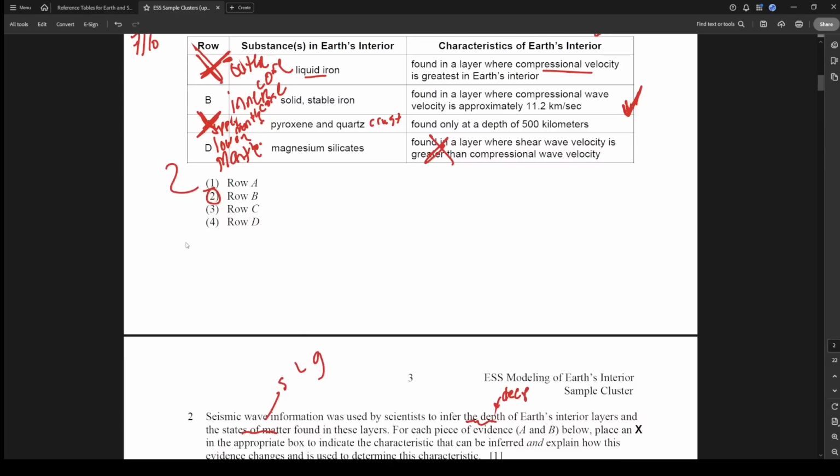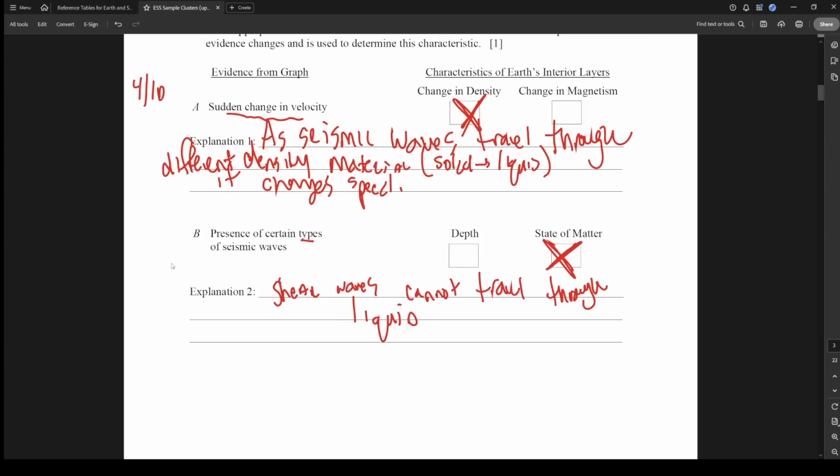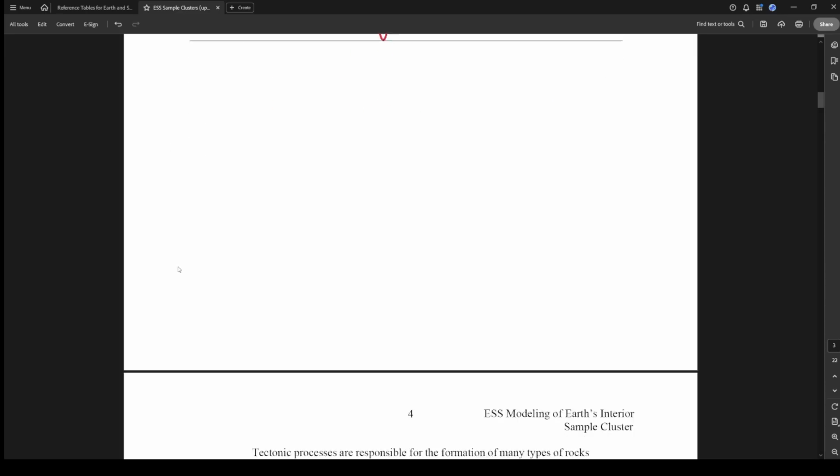So I'd say that's pretty hard. This one, you do have to have content knowledge of how compressional and shear waves work, but if you knew that, then this is not hard. So I would say this is like a 4 out of 10. All right, we'll keep going. We'll see if we hit any 10s.